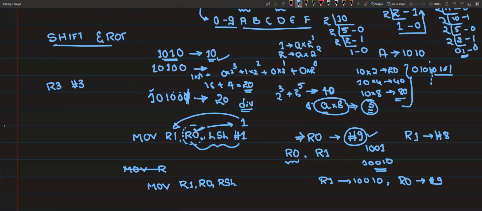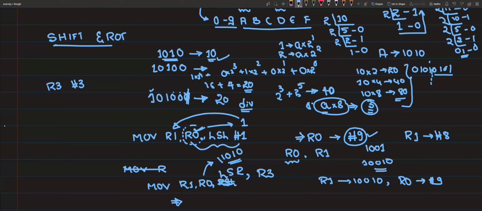Okay, sorry, this is logical shift right. Assume R0 has the original value 10101. Can you tell me how it will be?